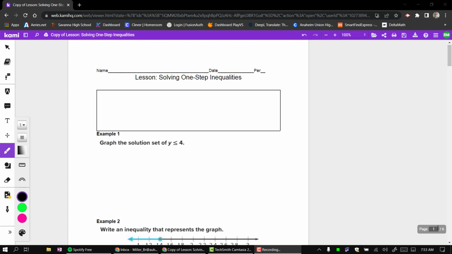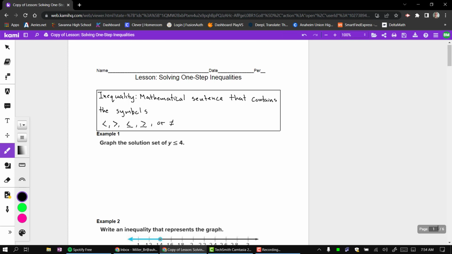Let's start off with a definition. So what is an inequality? And that is a mathematical sentence that contains the symbols, or so an inequality compares the values of two numbers or expressions using these symbols.